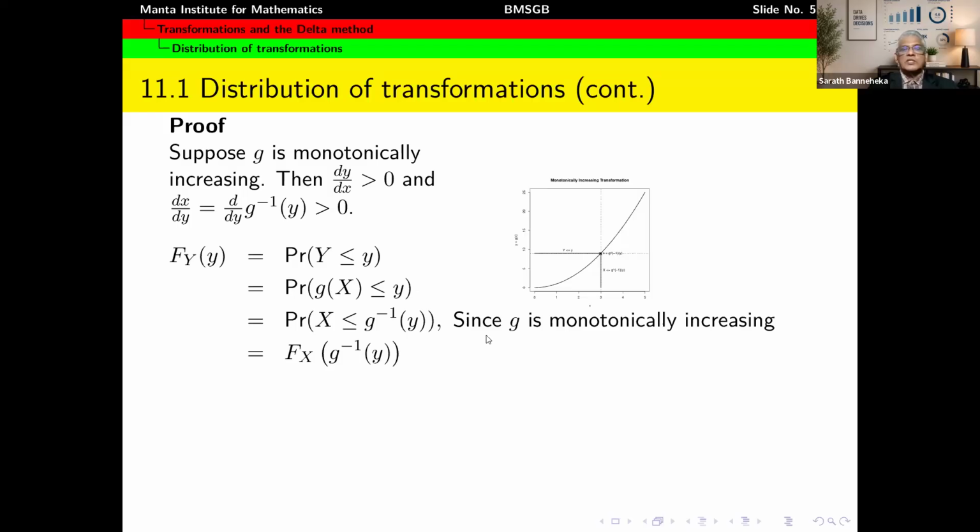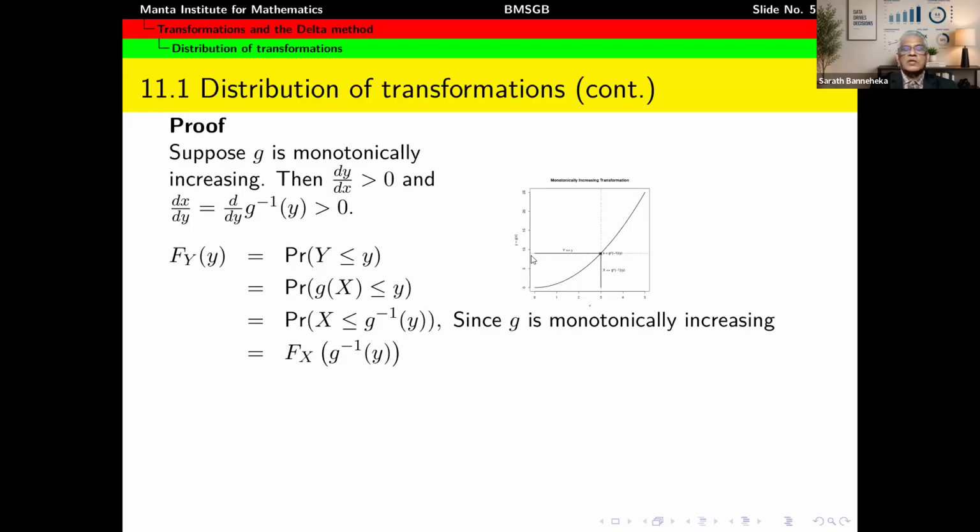Now, because g is a monotonically increasing function, it is something like this, going up. So if g(x) is less than or equal to some y, that is this area, it happens when x is less than or equal to g inverse of y.